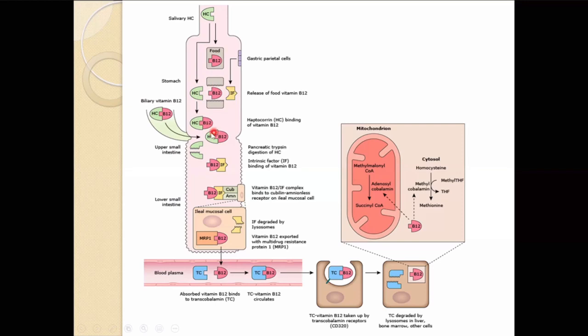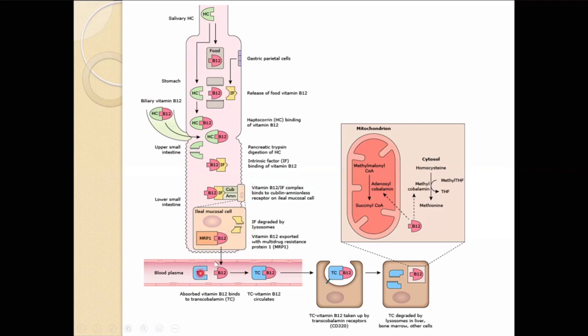From the saliva you have the carrier protein to which it binds, and it comes to the stomach. And from the pancreas, pancreatic proteases degrade this carrier protein, and then it's bound to intrinsic factor and absorbed from the terminal ileum through these receptors.